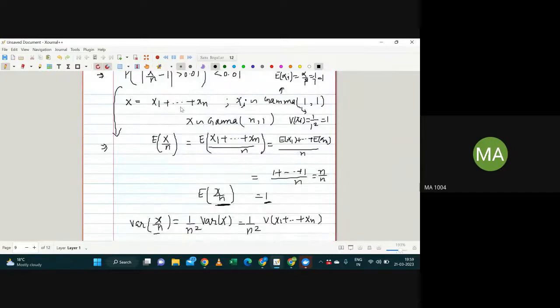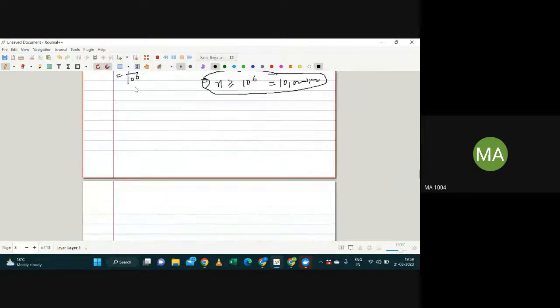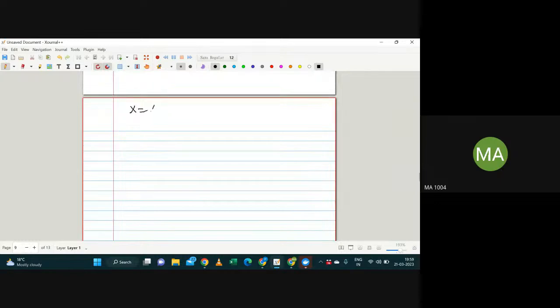Let me add a page here. I said x was x1 plus x2 plus so on xn, and each xi was gamma 1 comma 1. These things we had done, right? So this summation will be nothing but gamma n comma 1.